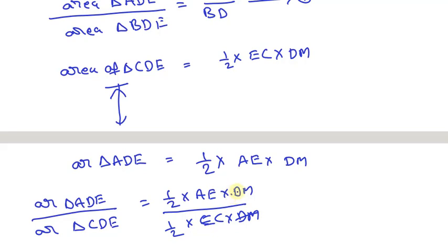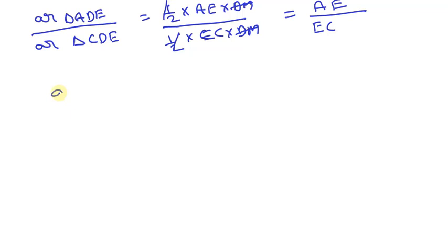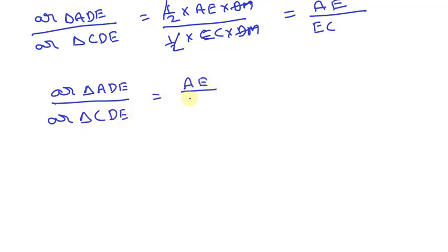Now DM is cancelled, half is cancelled, and you get AE by EC. That means the area of triangle ADE and the area of triangle CDE is equal to AE by EC.